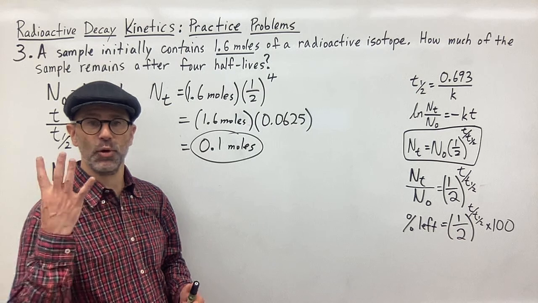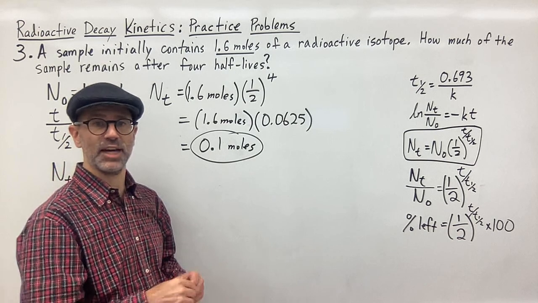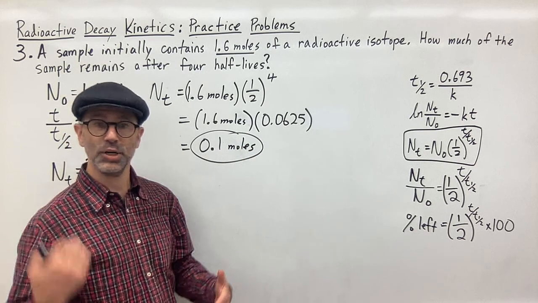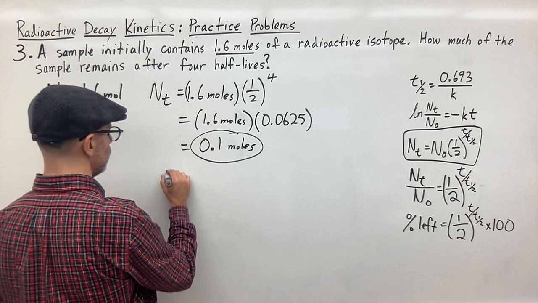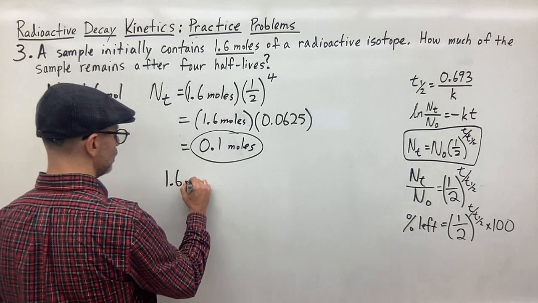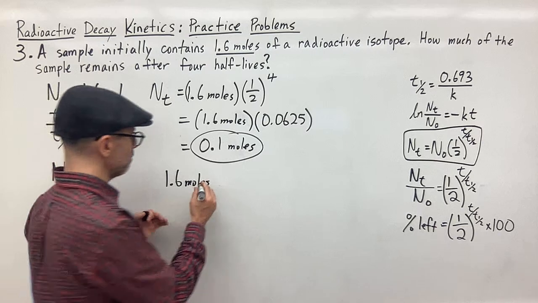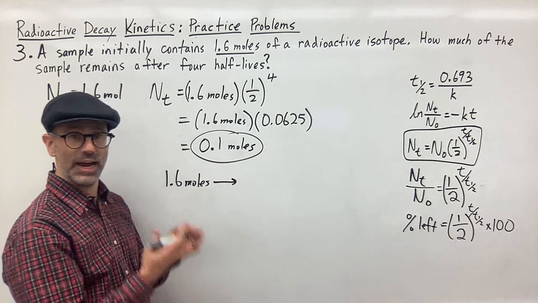So if you're going through 4 half-lives, then after each half-life, you have half of what you had previously. So if my original amount was 1.6 moles, all I have to do is divide by 2 for every half-life.